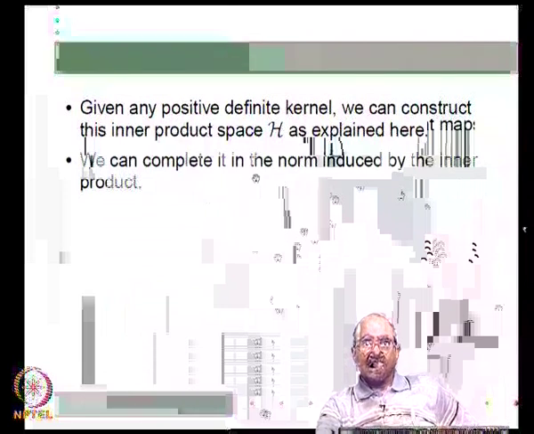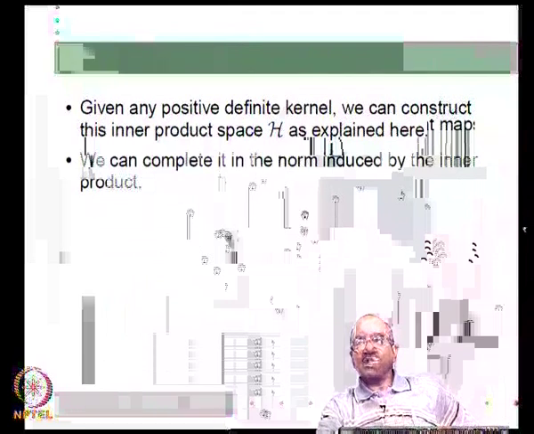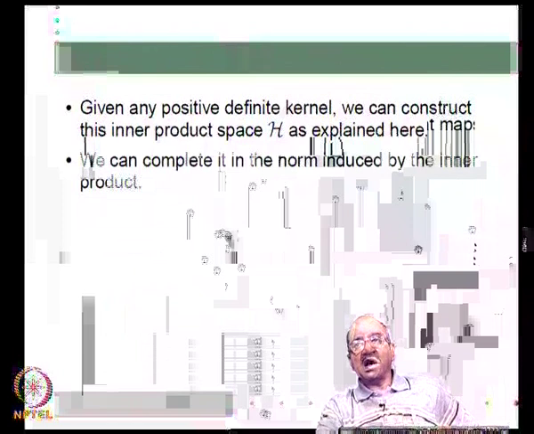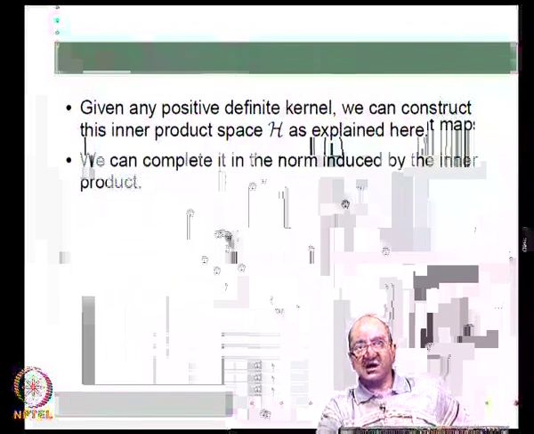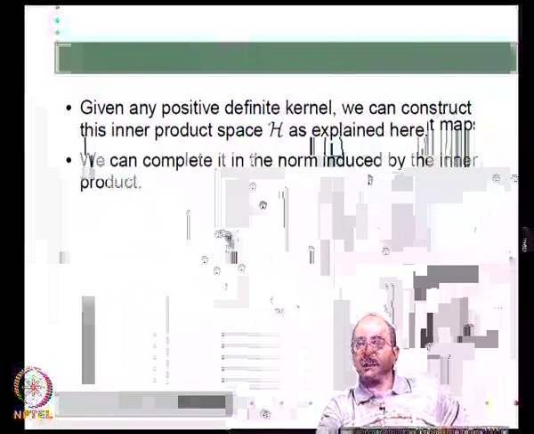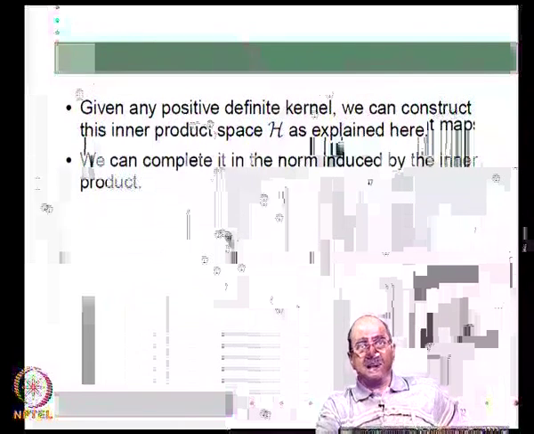Under such a distance metric, if any sequence is Cauchy, that is, a sequence where as n and m tend to infinity, the nth and mth elements of the sequence come close to each other in the distance metric, then the sequence should also have a limit. That is what is meant by complete. If a space is not complete, we can always complete it. This is just a technical digression.